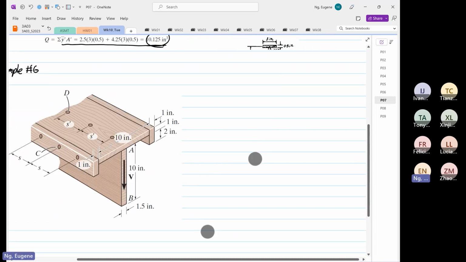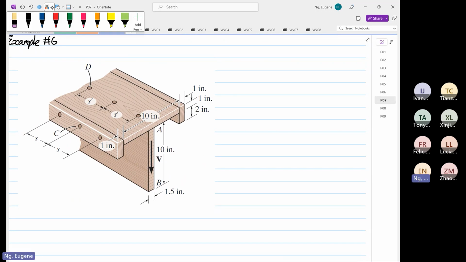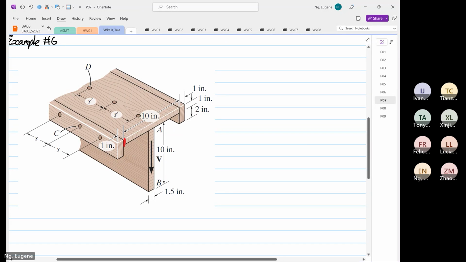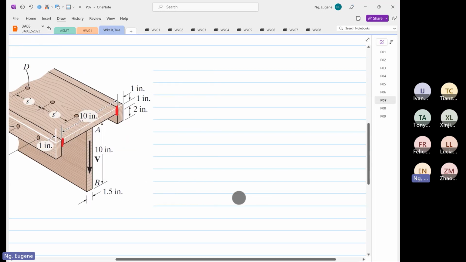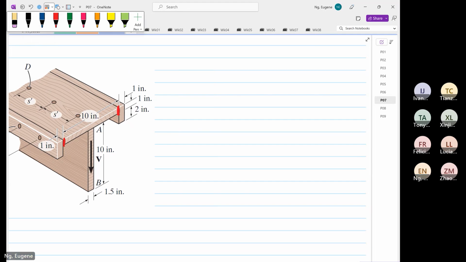So this problem, where it's going to fail, we know that it's going to fail here, and it's going to fail here. If you look at this problem, you will say, hey, how is this going to fail? This is pretty confusing, so I'm going to sketch this out.